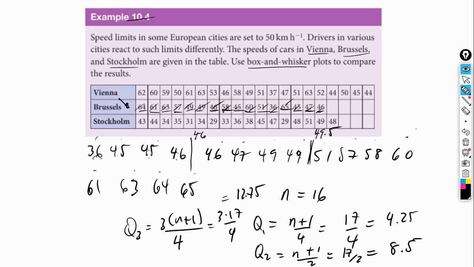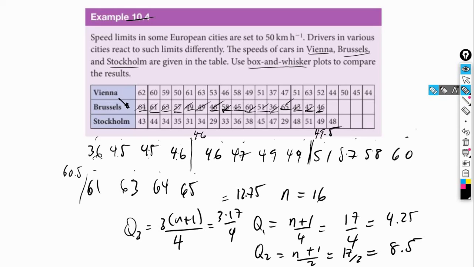So 1, 2, 3, 4, 5, 6, 7, 8, 9, 10, 11, 12.75. So it means close to the 61 here. So 60.5, right? Between 60 and 61. And then this is the information that we would have to use to build the box and whisker plot like we did before.